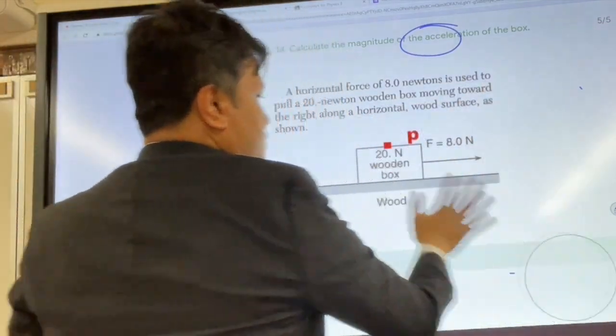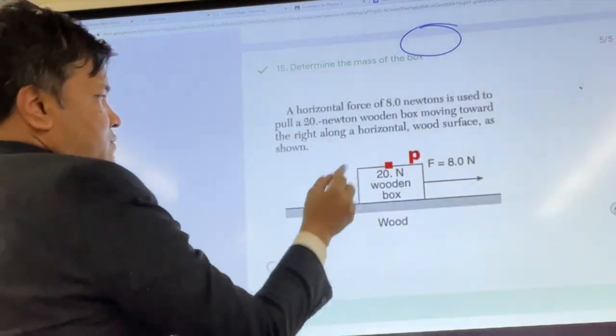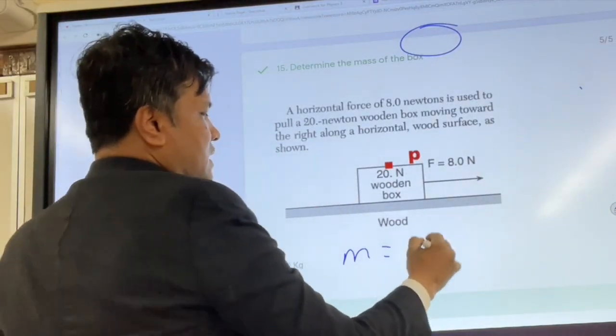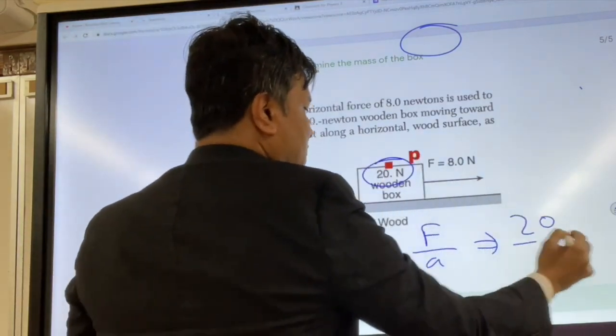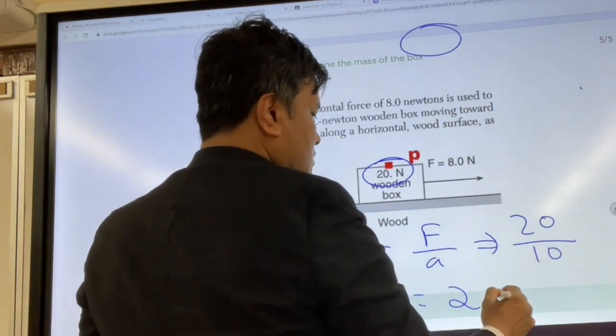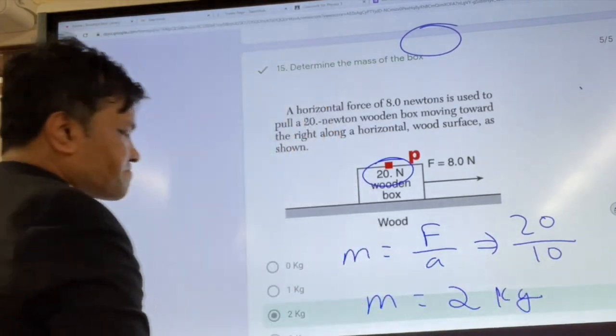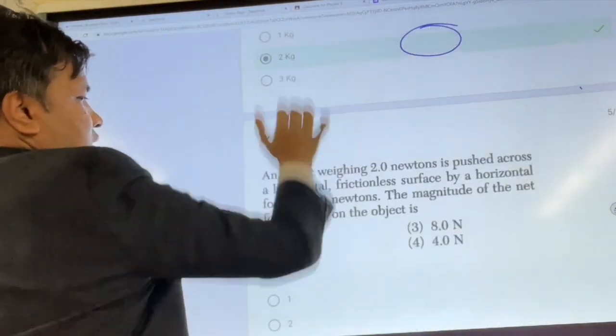Moving on. Number 15, we have to determine the mass. So mass is F over A. F is 20, A is 10, so mass is 2 kilogram. That takes us to number 16.